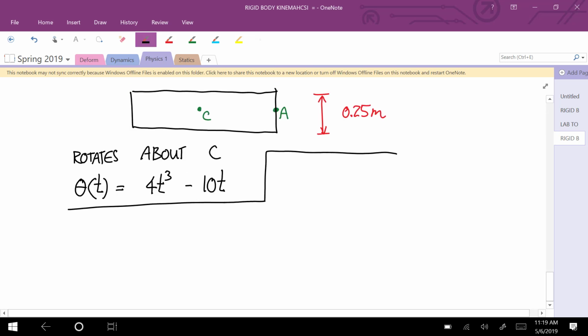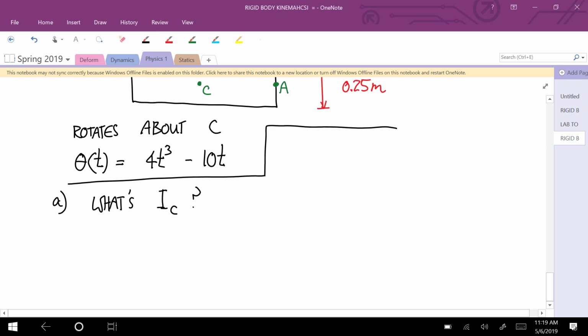So part A, what's the mass moment of inertia about C? C is the center of mass of that body, and so we're not going to have to use the parallel axis theorem.